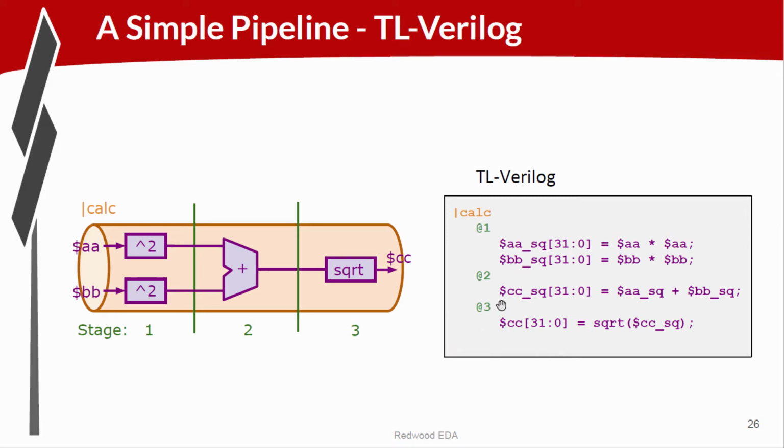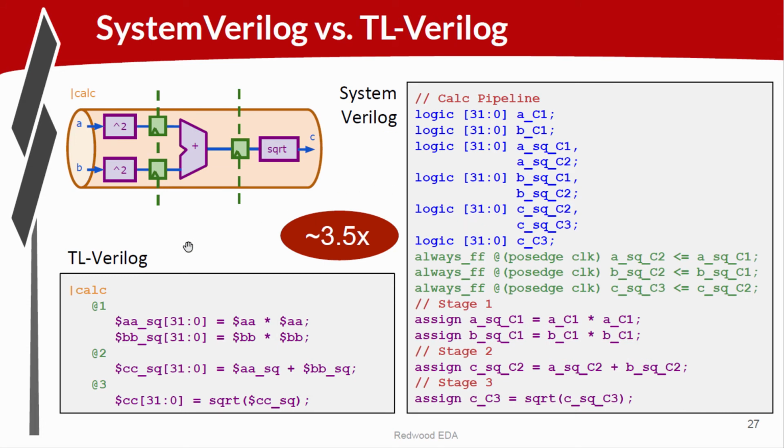This workshop is not about language. We're going to use TL Verilog as the language to work on the circuits. We're not going to talk about Verilog or System Verilog, but since I'm on this one, pipelines in particular are something that is a little bit awkward to code in traditional RTL languages.